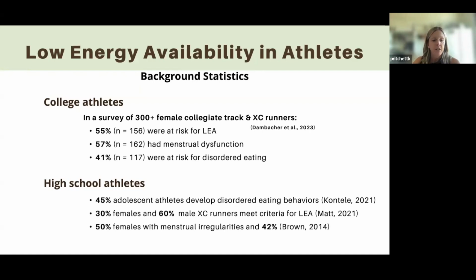We also found that 57% reported menstrual dysfunction and 41% were at risk for disordered eating. So what does this look like in high school athletes? Pretty similar in terms of the numbers. So if you did a search in the literature, you would find pretty consistently we see around 40 to 50% of athletes being at risk for low energy availability as well as disordered eating.